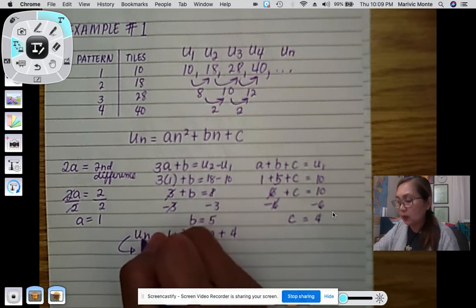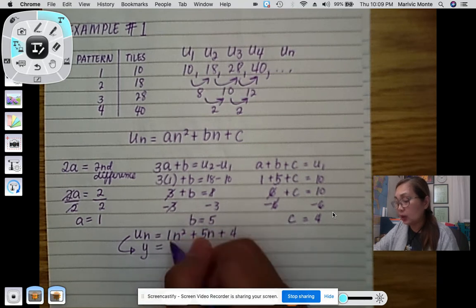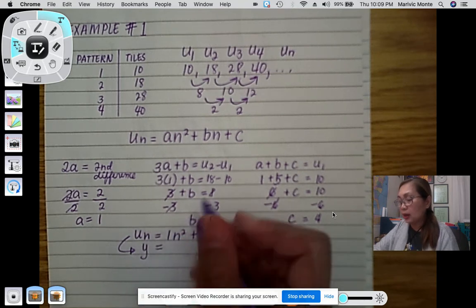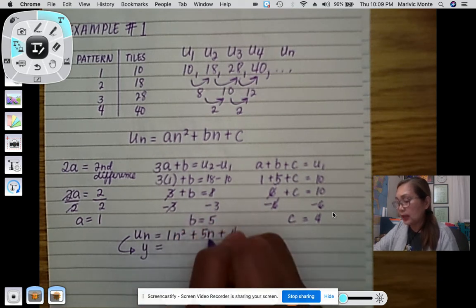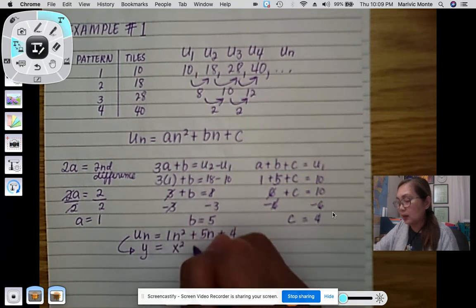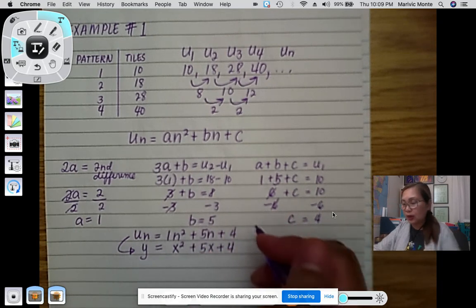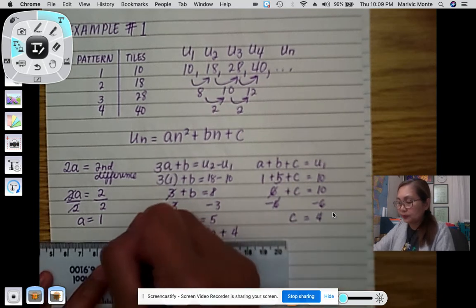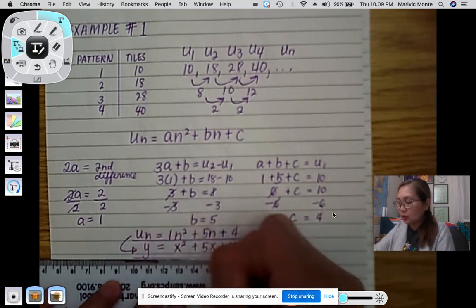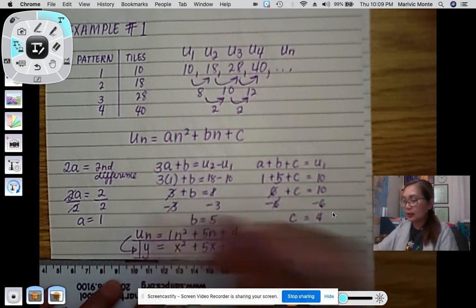So we will change u of n into y equals, we don't need to write that one. So we just change all these n's with x. So x squared plus 5x plus 4. And this is our quadratic equation that we're looking for. So you box it, and there you go.